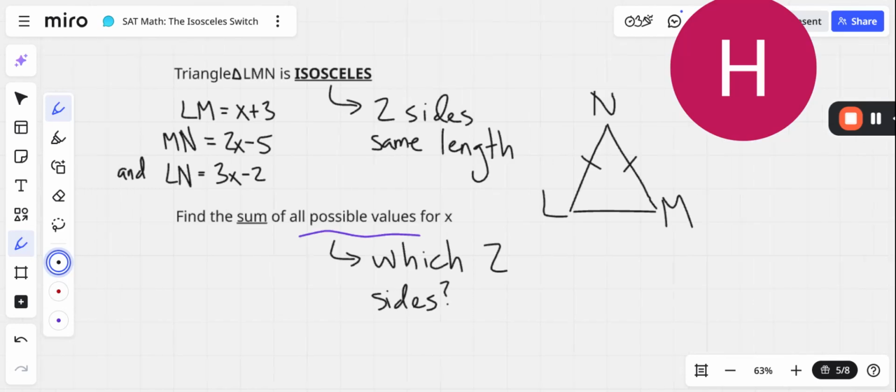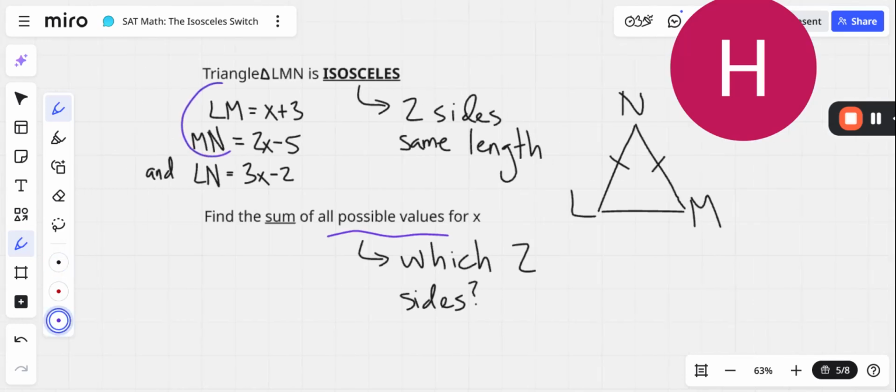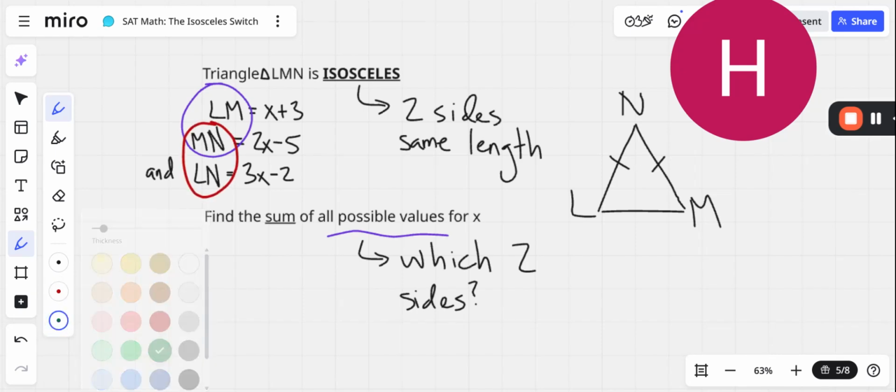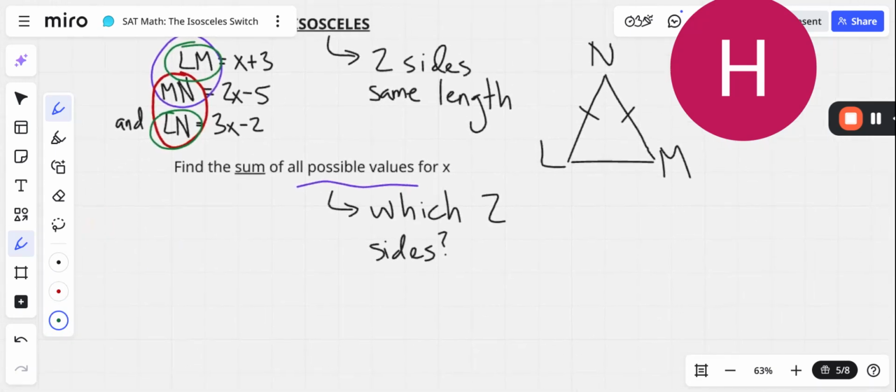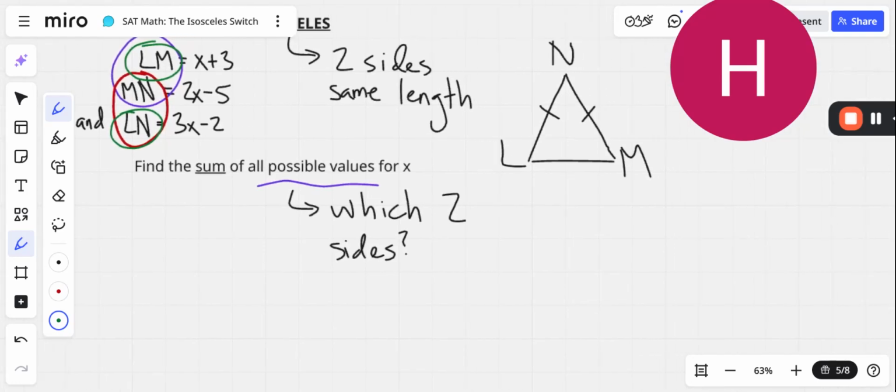And those are the three possible cases. It's possible that we have these two are congruent. That's one possibility. It's possible that these two are congruent. That's another possibility. And then it's possible that these two are congruent. That's our third possibility. So since I'm using color coding, I might as well just do that off here to the side.